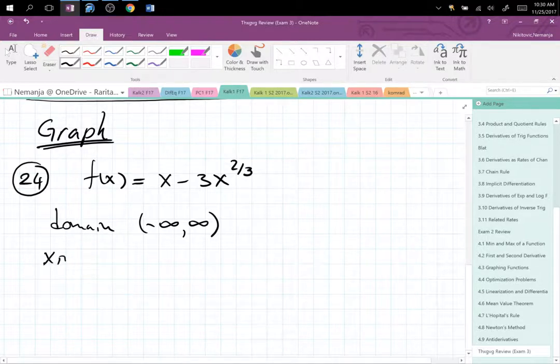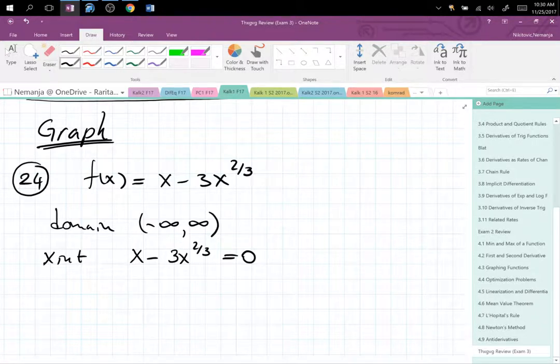X-intercept is calculated when we set x minus 3x to the 2/3 equal to 0. Now, what you can do here is factor out x, or you can make these two guys equal to each other.